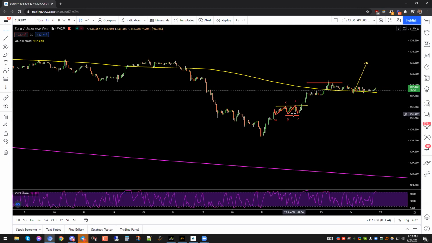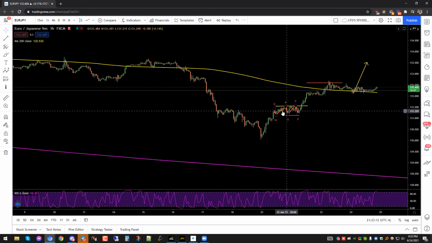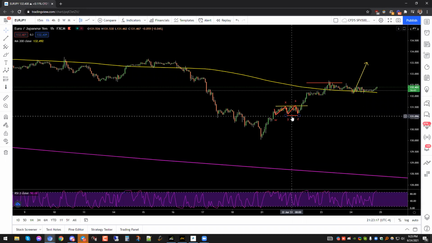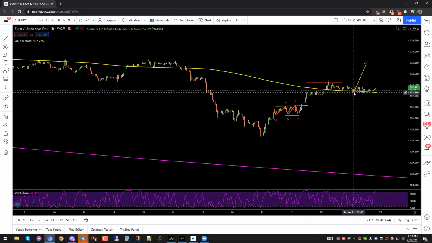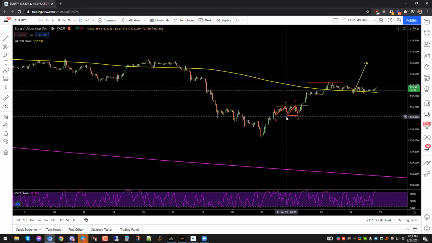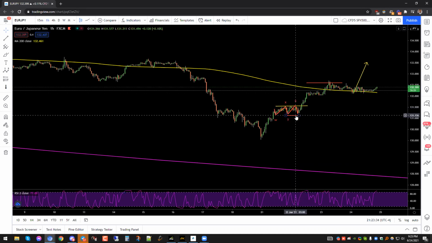Why? Because wave 4 should not cross into the price area of wave 1. So I can protect my trade that I'm taking off the corrective formation of wave 4 to catch the wave 5. I could protect that trade by placing my stop behind my wave 2, which is this corrective formation. I can put my stop just behind here.